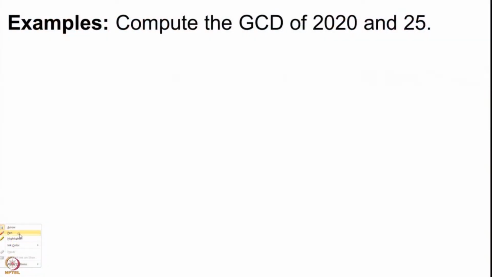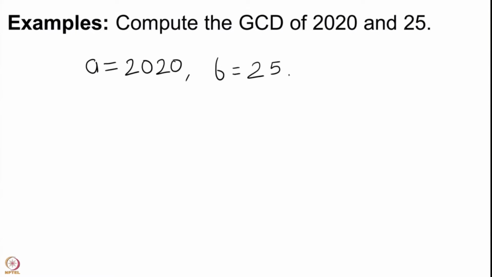So, if you remember, we had applied our division algorithm to the pair 2020 and 25. So, we want to compute the GCD of these two numbers. So, our a is 2020, b is 25. If you remember the calculation that we have done, we noticed that 2020 is 25 into 80 plus 20.